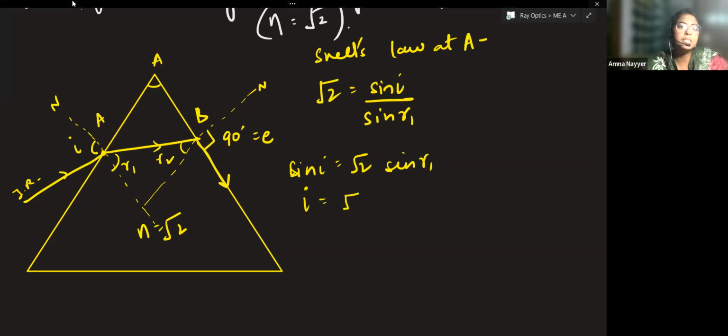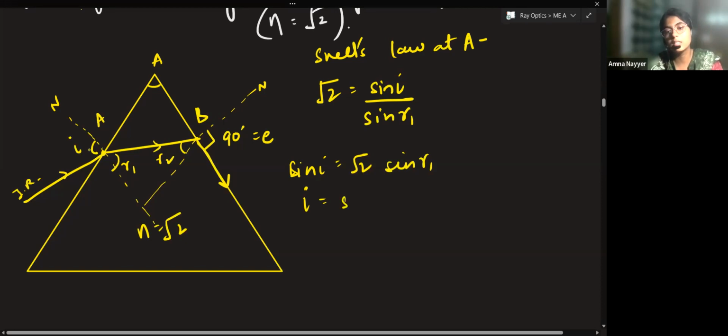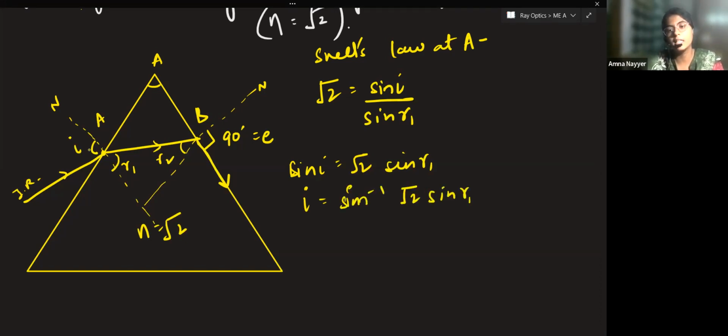So i becomes equal to sine inverse of root 2 sin R1. So can I keep this as my final answer? Angle of incidence was required, so I have calculated the angle of incidence at this point A.